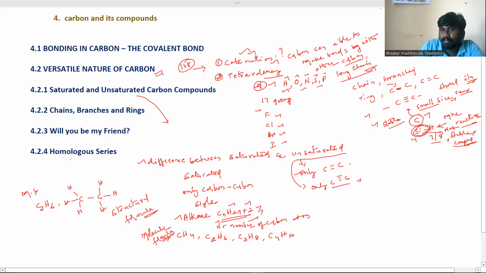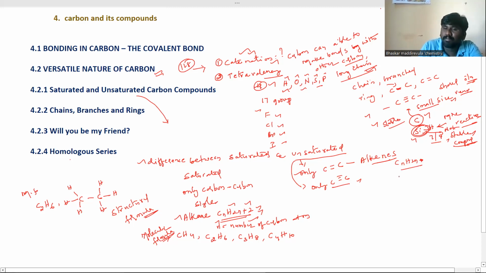Same way, if the unsaturated carbon compound contains a carbon double bond, we call it alkenes. The alkene general formula is CnH2n.